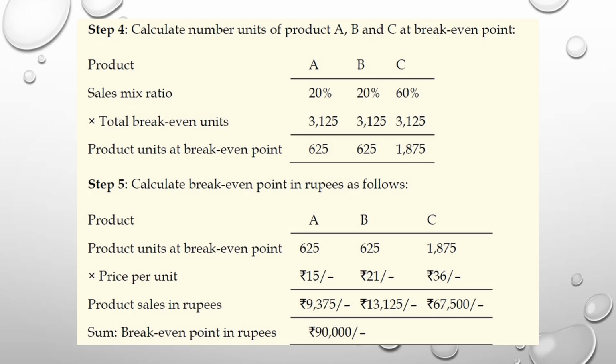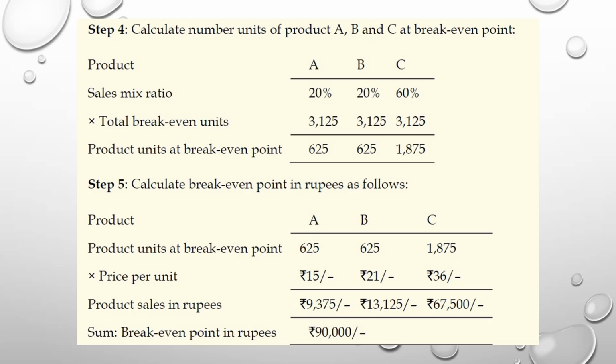So 3125 into 20 by 100 is 625. For B also, the BEP is the same: 3125 into 20 by 100. And for C, 3125 into 60 by 100. So we got the product-wise BEP: A 625, B 625 and C 1875.